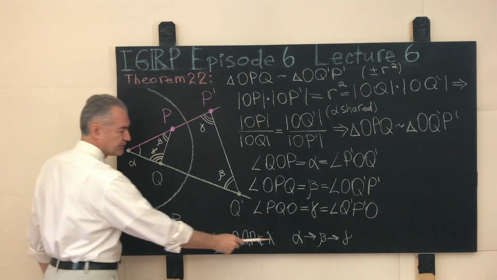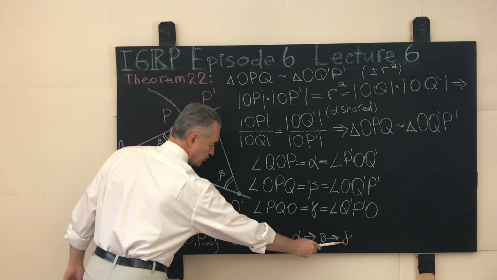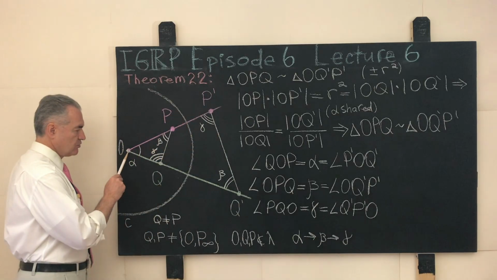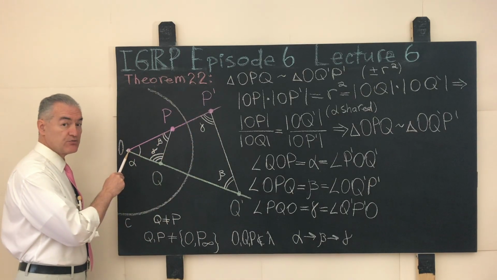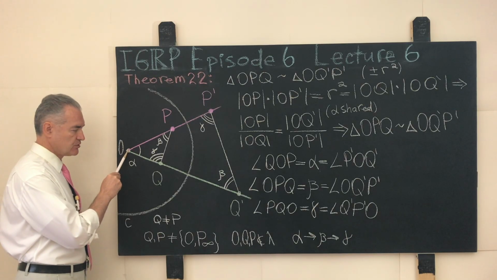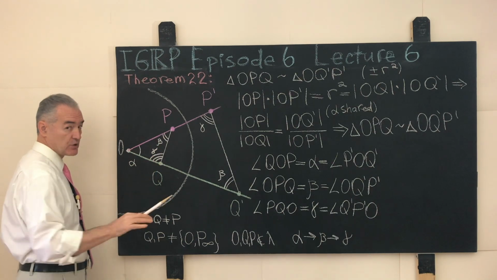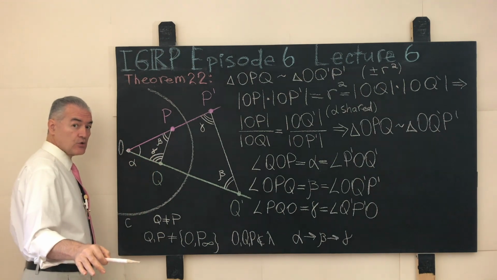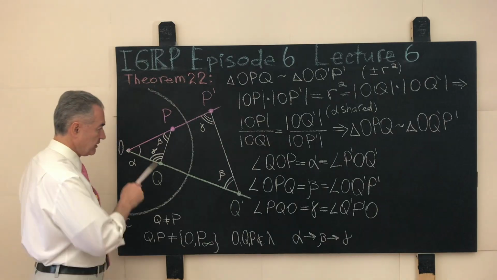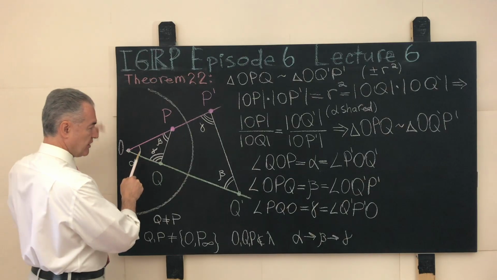So here, if we want to visit the angles in the triangle OPQ in this particular order, alpha followed by beta followed by gamma, then how do we have to walk the perimeter, let's say, of this triangle? Well, we have to walk the perimeter of this triangle OPQ in such a way that our right hand will always be in the triangle, but the left hand will always be outside of that triangle.